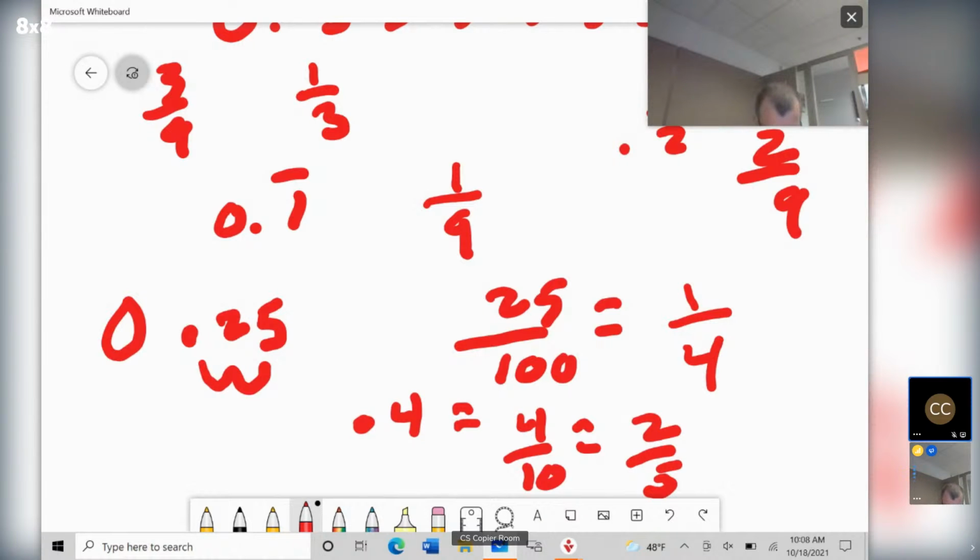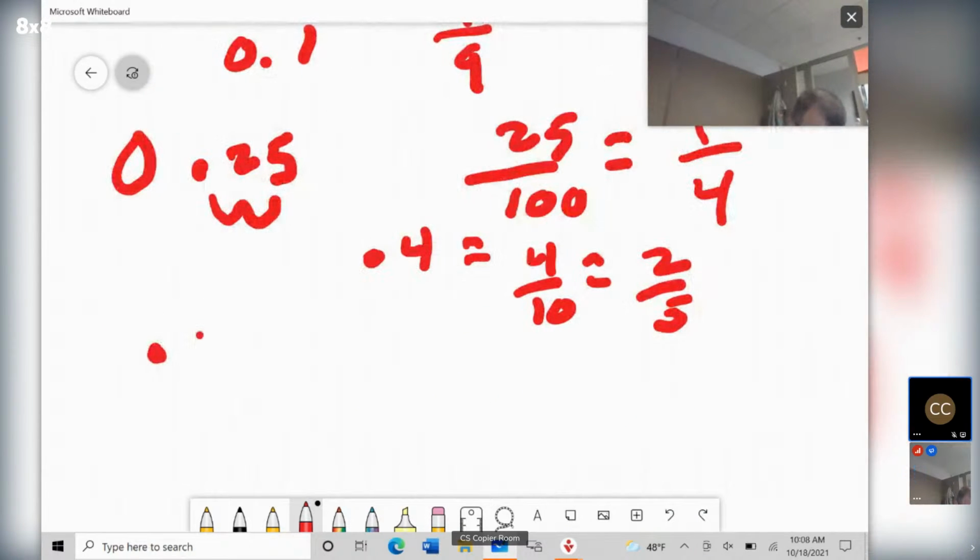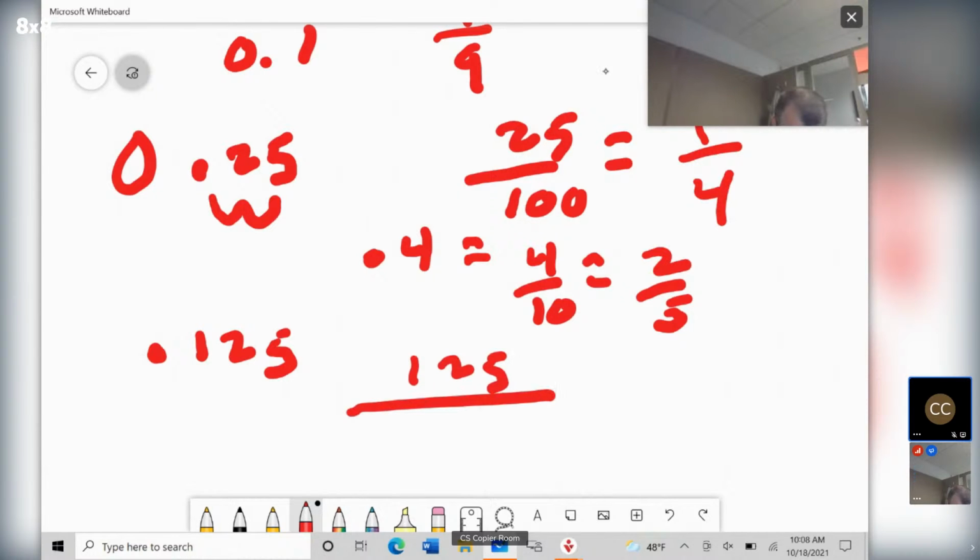Okay, so if we have, we'll do one little bigger one here. So if we have 0.125, that's 3 spots to the right of the decimal. So that means this 5 is in the 1,000 spot. So what we do is we put 125 over 1,000.